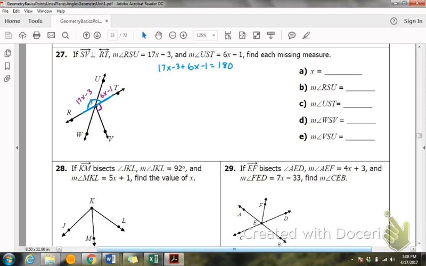Everyone go ahead and solve for x. Everybody should be with me on problem 27.